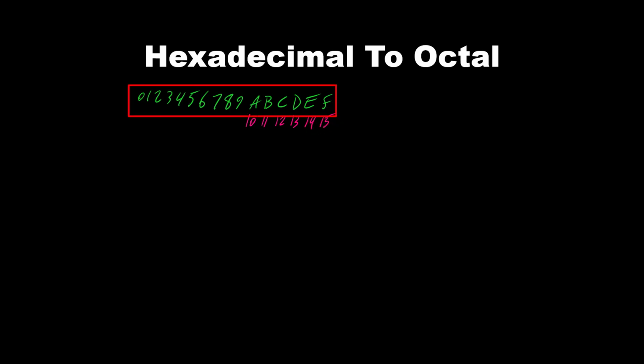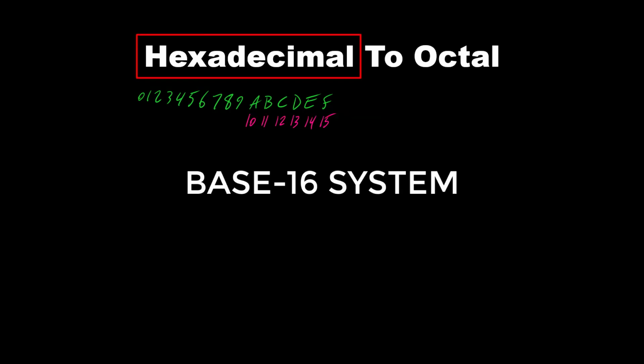We have 0, 1, 2, 3, 4, 5, 6, 7, 8, 9, A, B, C, D, E, and F. Here we can see that to keep single digits, they used A, B, C, D, E, F, where A in hexadecimal is equivalent to 10 in decimal, B 11, C 12, D 13, E 14, F 15. So that's a total of 16 different numbers including 0. Therefore, hexadecimal is a base 16 system.